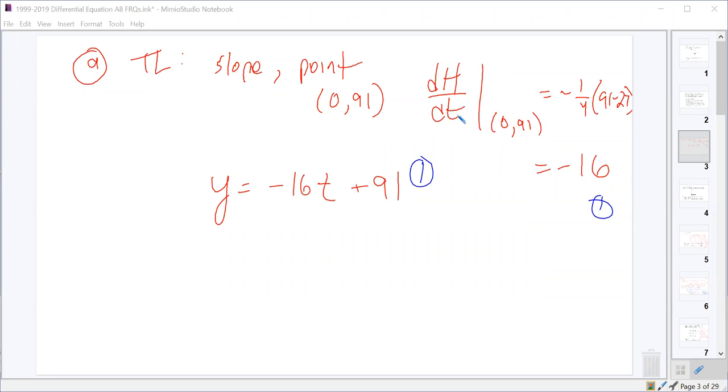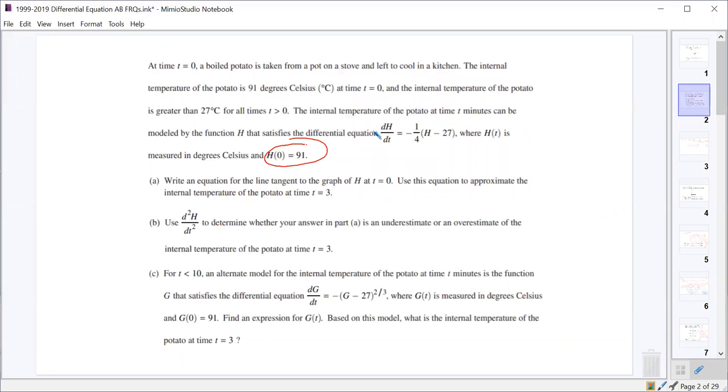Do we have to use h then, like h equals negative 16t plus 91? And is y fine there? You should not use h because h represents this other function. h of t is this other function, in function notation.